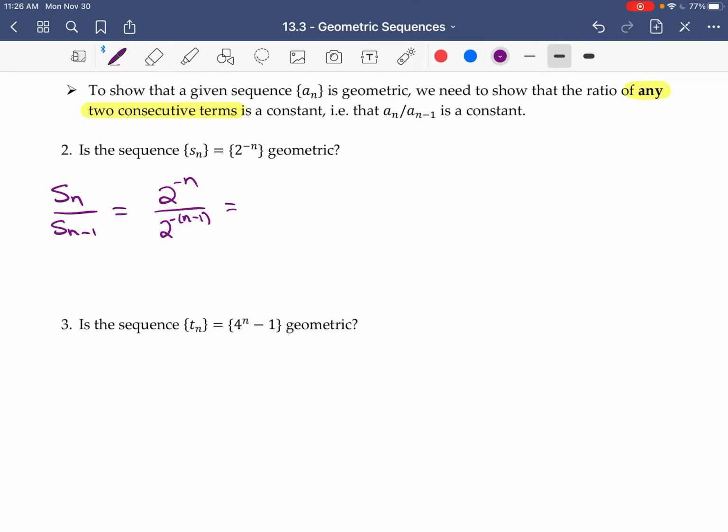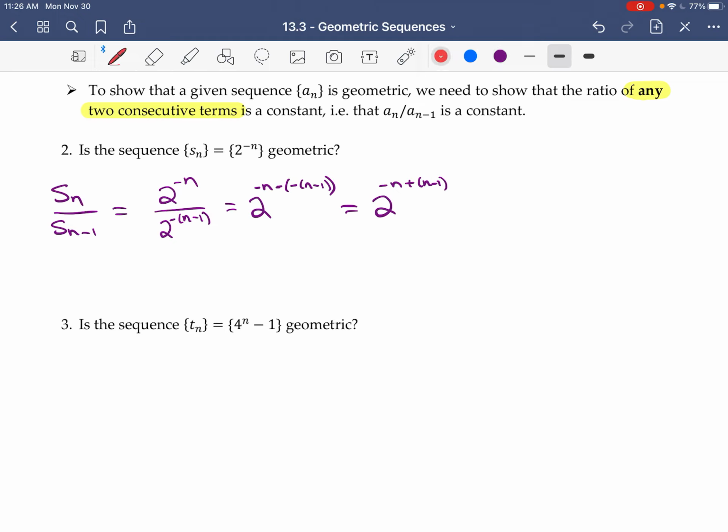Now I have the same base dividing, so I can subtract the powers. So this is 2 to the n minus (n minus 1), which is 2 to the n minus n plus 1.